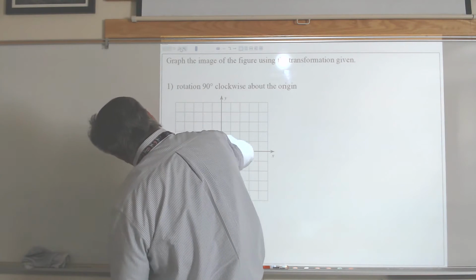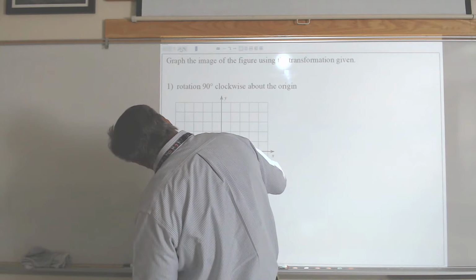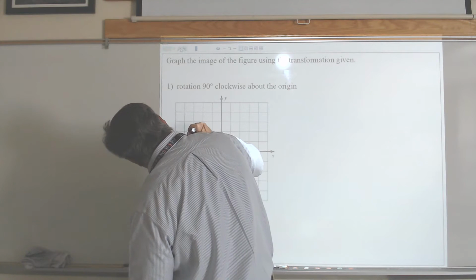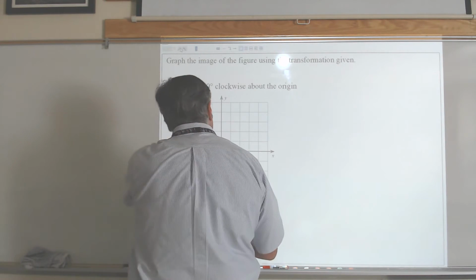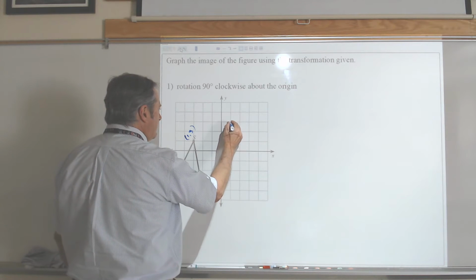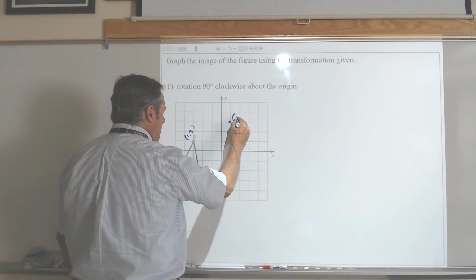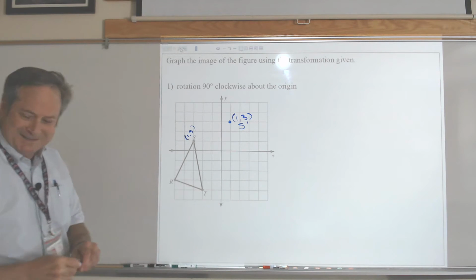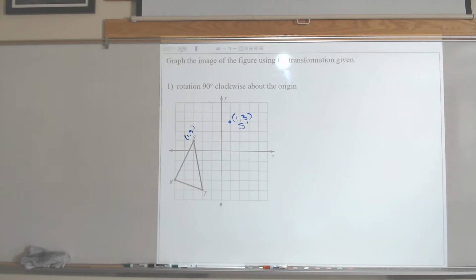Once I turn it, I can see that point S is at 1, 3. Now turn it back and go over to 1, 3. And that will be S prime. Now, let me make sure I've done this right. Yeah, okay, there we go.